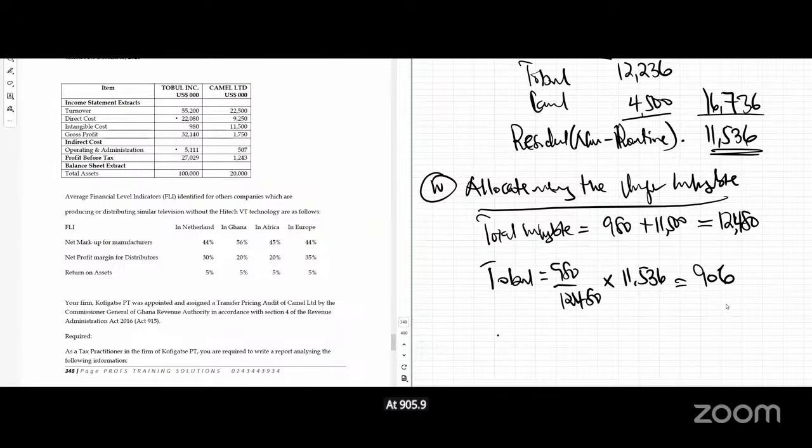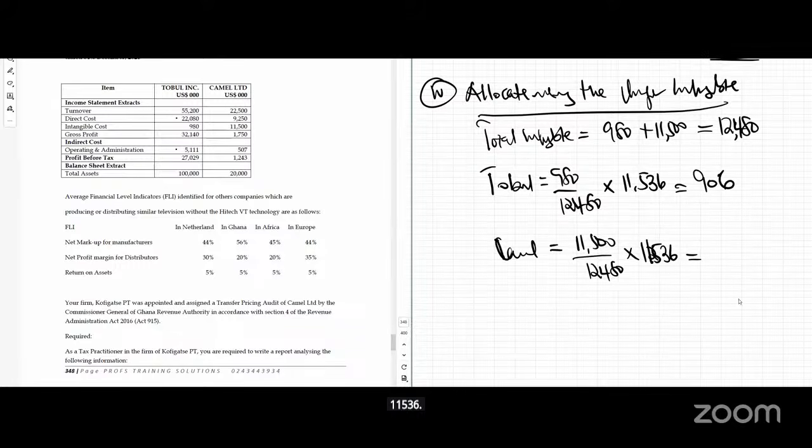So let's make it 906. Then for Camel, that's 11,500 out of the 12,480 times 11,536. 10,630.